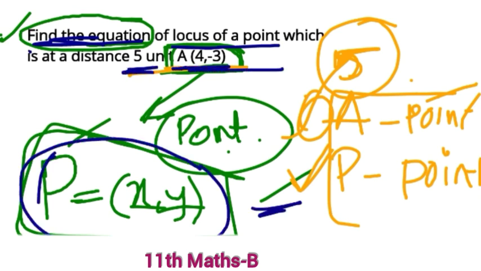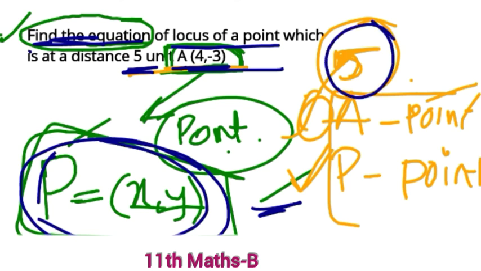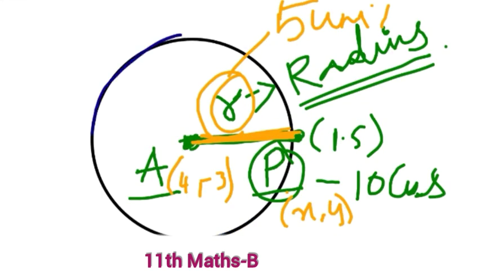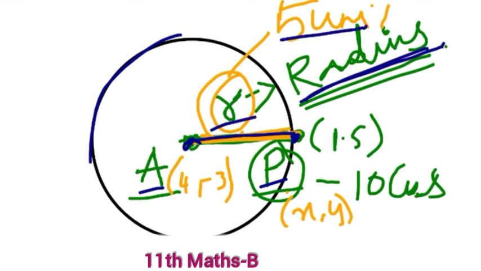This is the assumed locus of a point, and this is the radius. This is the given point A. Next, this is a circle we have taken, where the center point is A, the end point is the assumed locus, that is P, and the line is r, that is the radius. So the radius is 5 units.